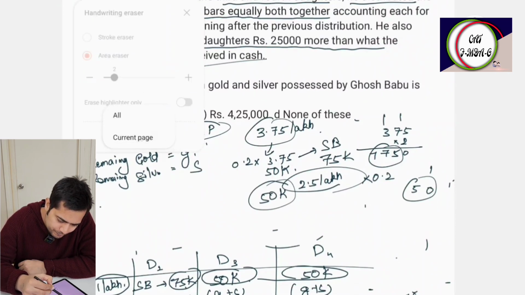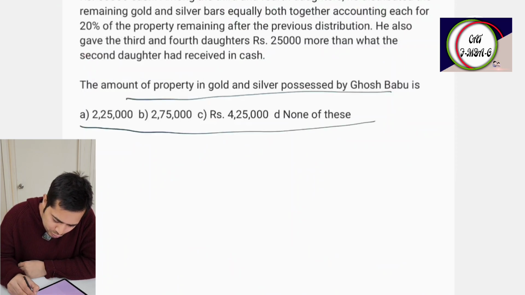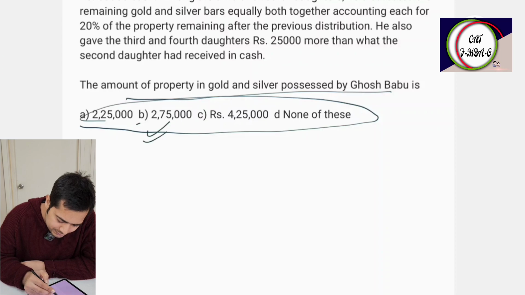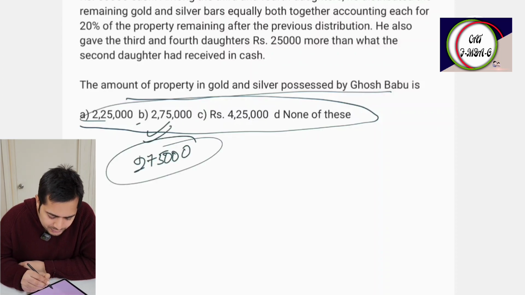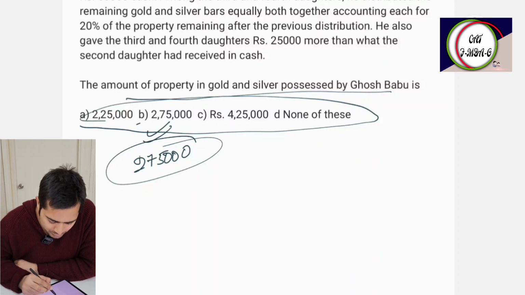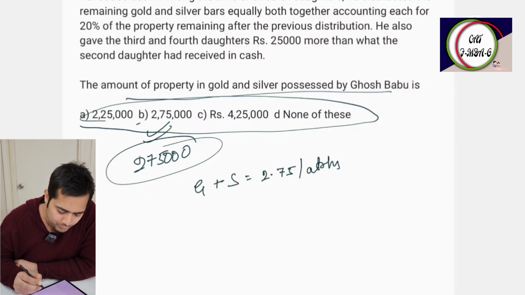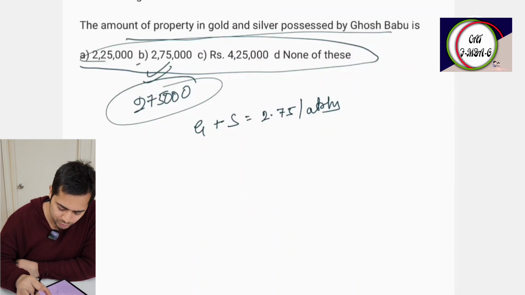Let me clear it. First question, the amount of property in gold and silver possessed by Ghosh Babu, was 2,75,000. In the last part we did that also, because I remember there were 3 questions in this set, and I solved only 2. That's why I remember it. So in terms of gold and silver it was 2.75 lakhs. Simple. Okay, now let's move ahead and answer the questions.